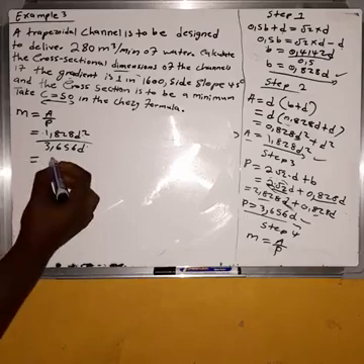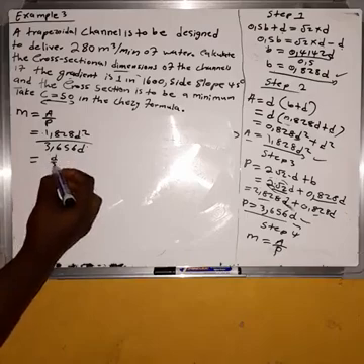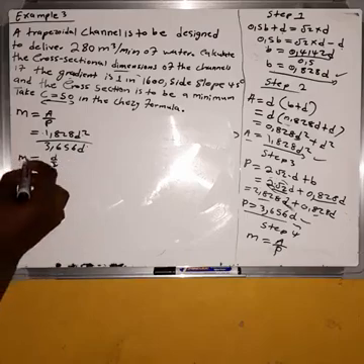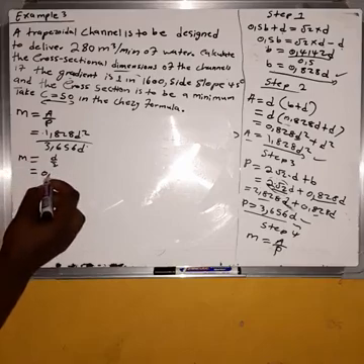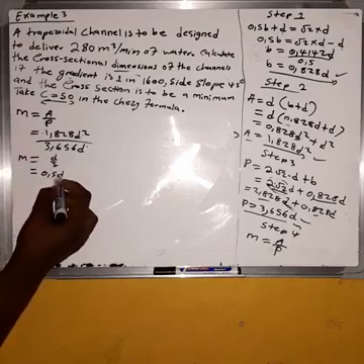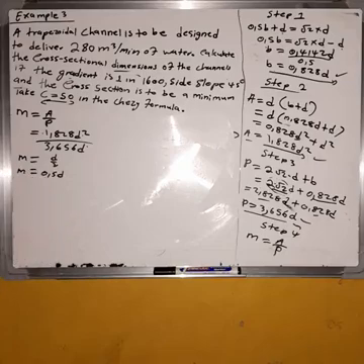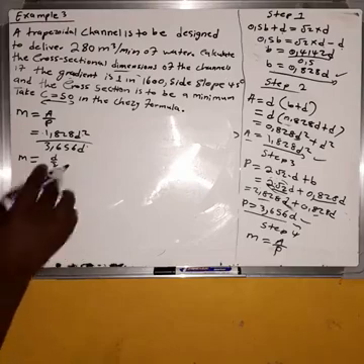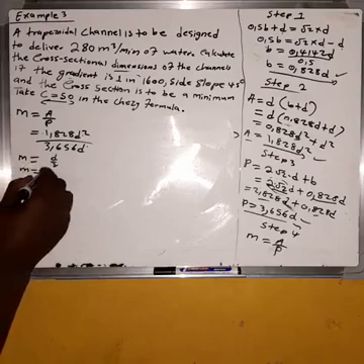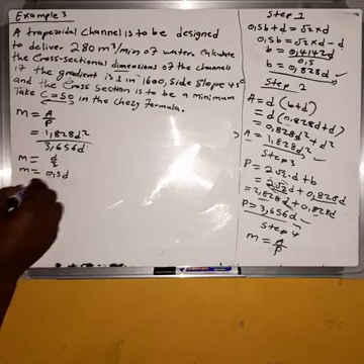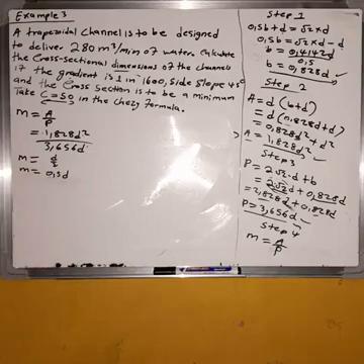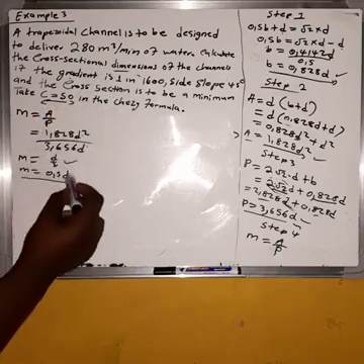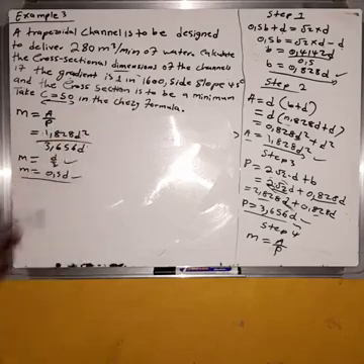You'll get that this is d over 2, which is the same as 0.5d. Right. You can stop here, which is m.